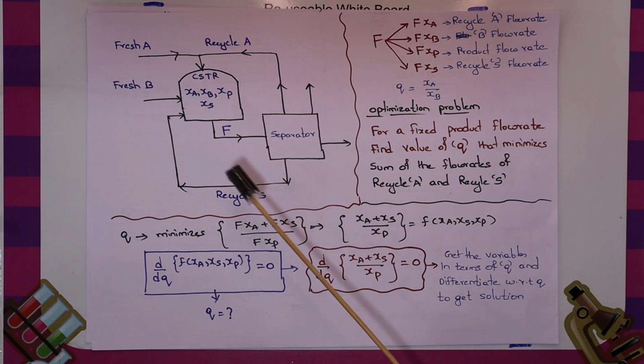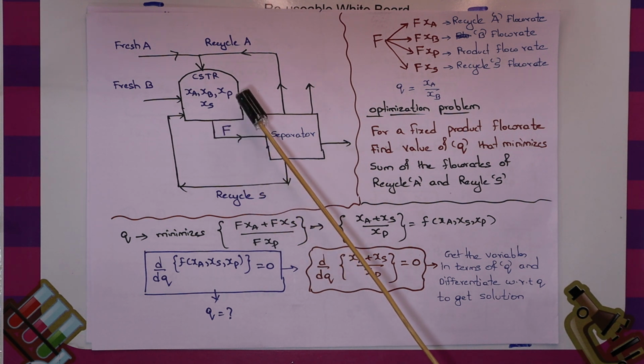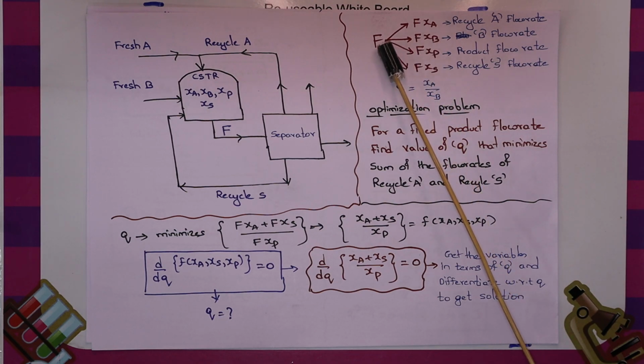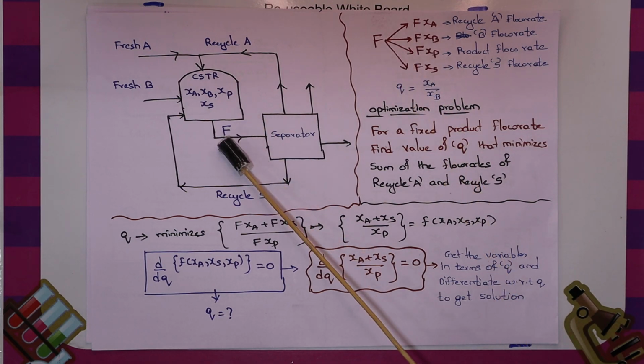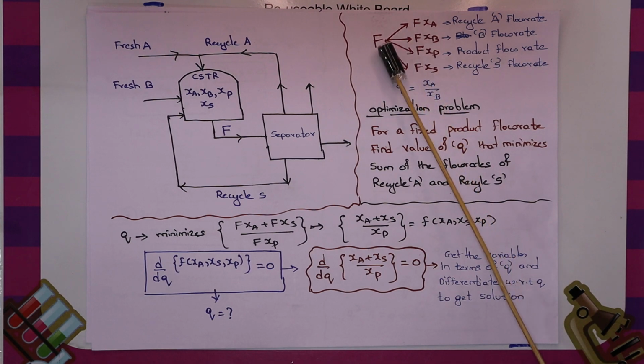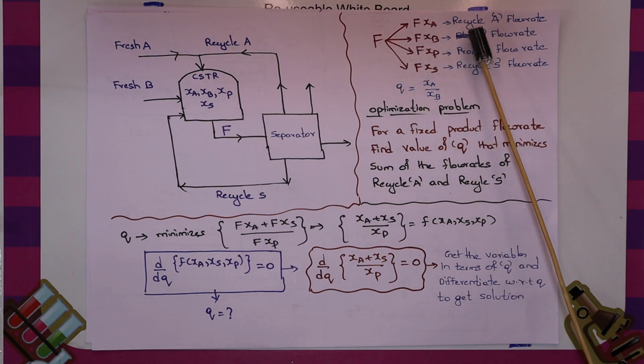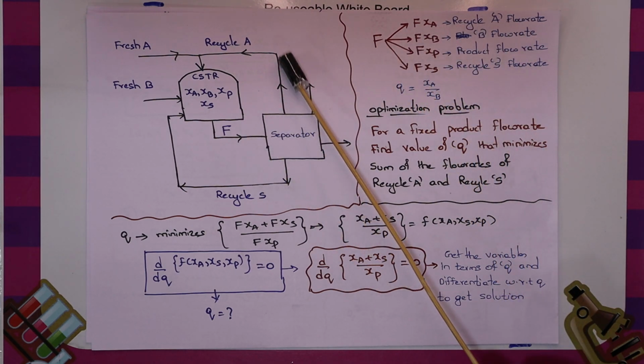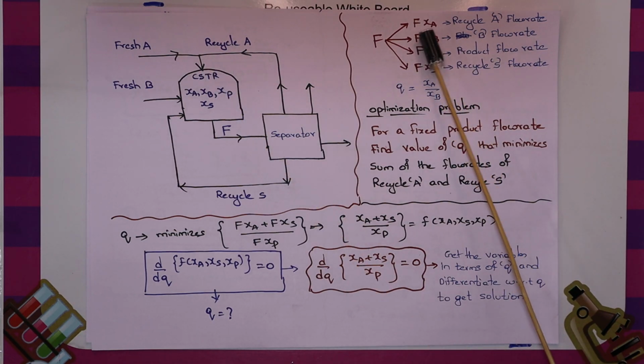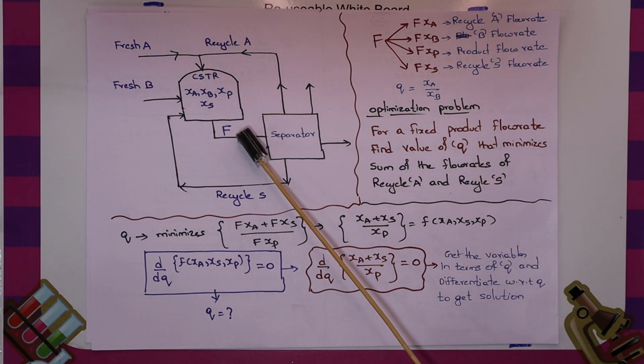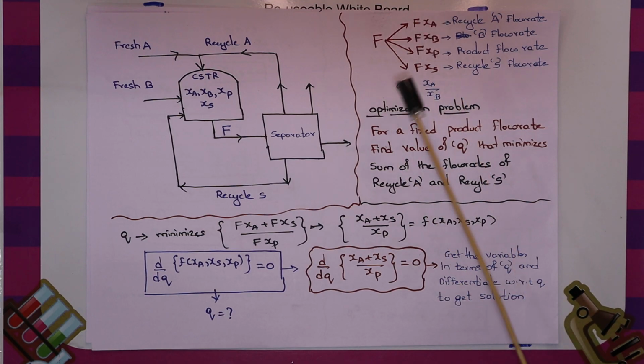what is a recycle stream? F consists of 4 components: A, B, P, S. Let us formulate F equal to total flow rate. In this total flow rate which is coming out of the reactor, among F, the amount of A that is recycling back is F into XA. That means unreacted A which is recycling back is F into XA.